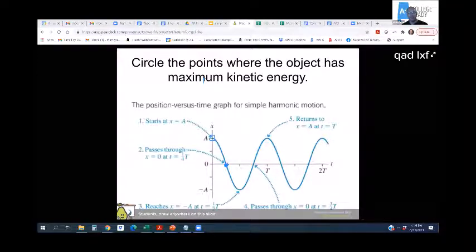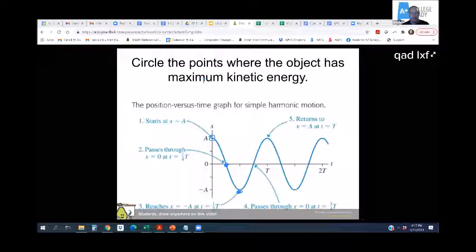So now the object continues past equilibrium because it has inertia, even though there's a net force acting back toward the right on it, slowing it down. Eventually, it's going to get to its maximum negative displacement, negative A down here. At that point, we're at 1/2 the period as far as time goes. The spring's going to compress, compress, compress, maximum compression. At that point, the box stops and the spring pushes it back in the other direction.